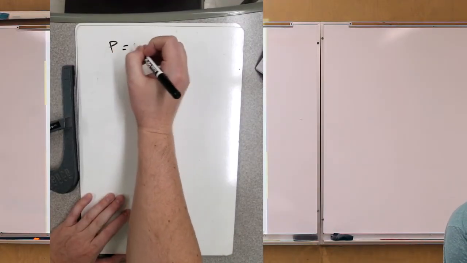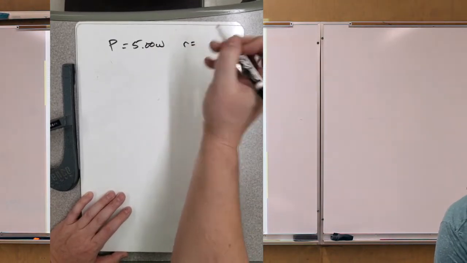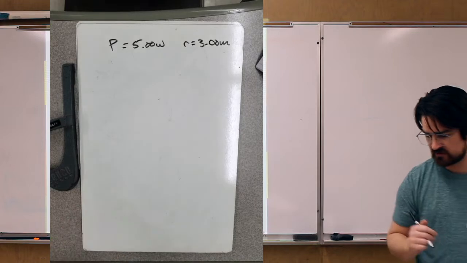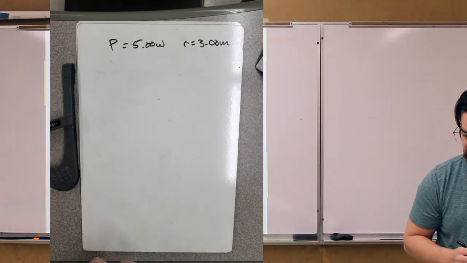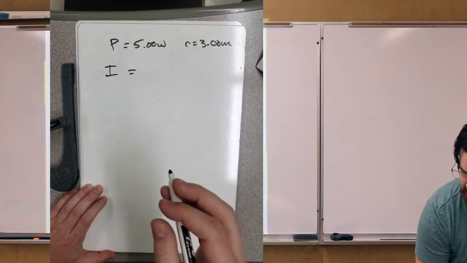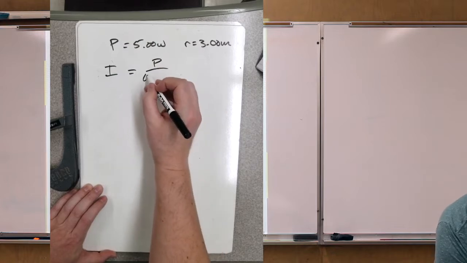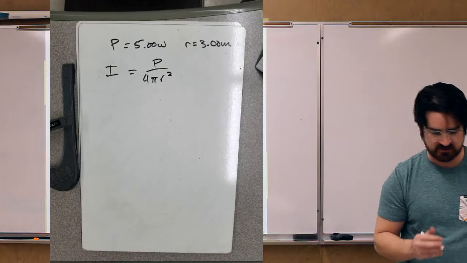So the power, say 5 watts, the radius we're asked about is 3 meters, 10 feet or so. So again, if it spreads over that spherical surface, then we can find the intensity by just seeing how that power is spread over that surface.